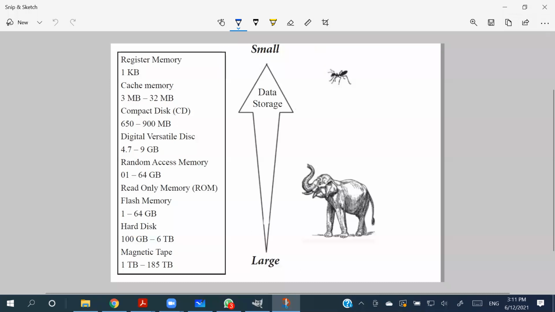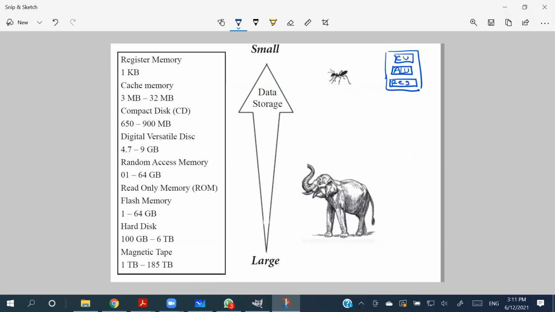And then the cache memory. Cache memory stays where? Cache memory stays near to the CPU, right? The register memory was inside the CPU, along with the control unit, the ALU, the arithmetic and logic unit, and these registers.